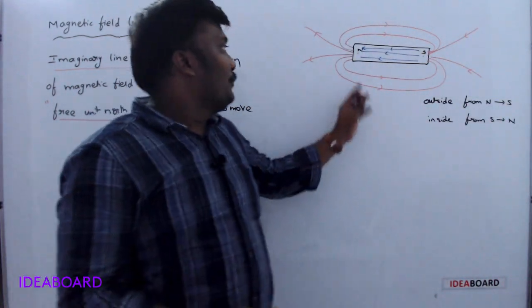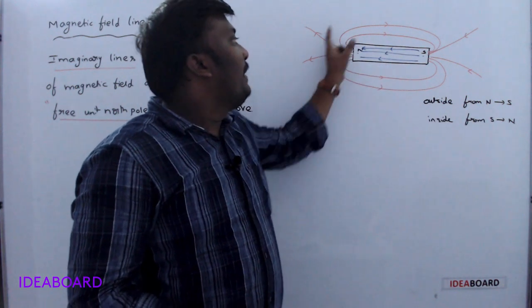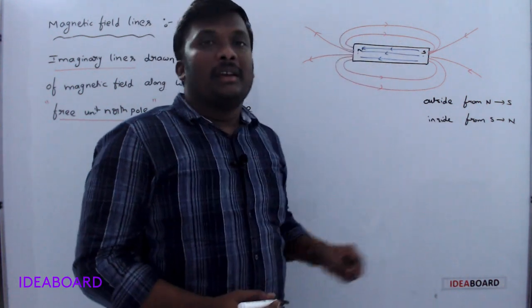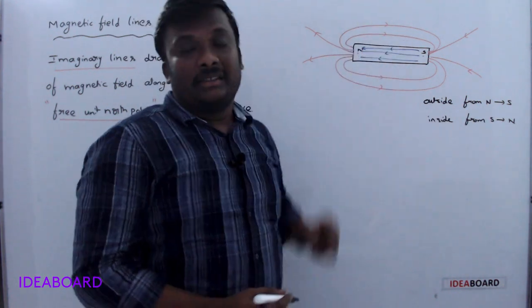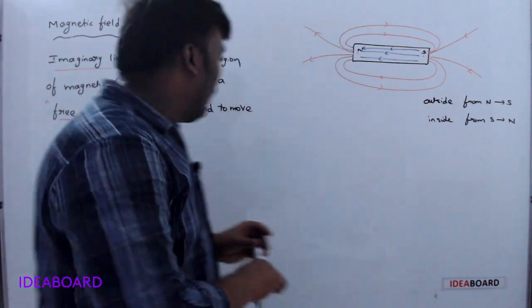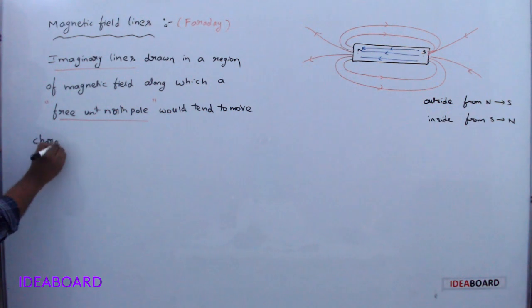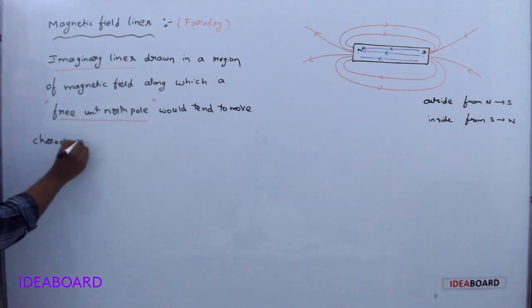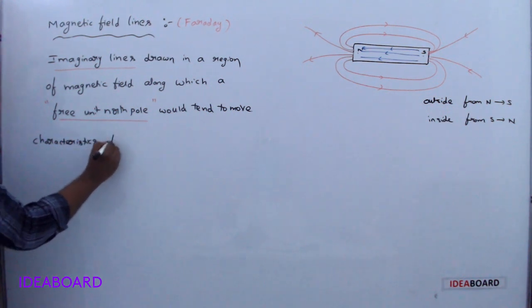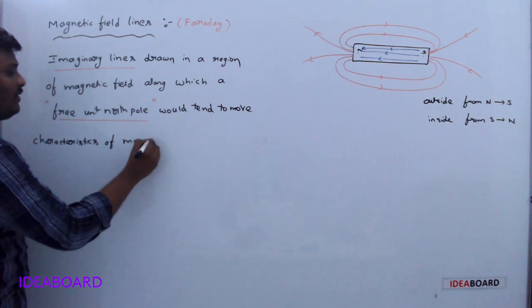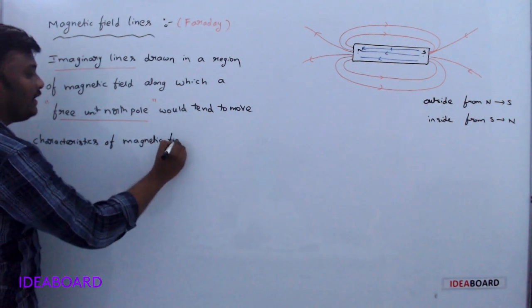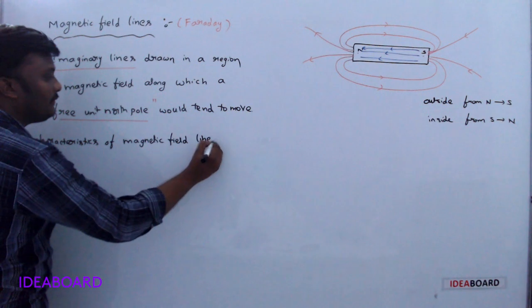Okay, in this way around a bar magnet the magnetic field will be imagined like this. Understand? Now we would like to know about some characteristics or properties of magnetic field lines.